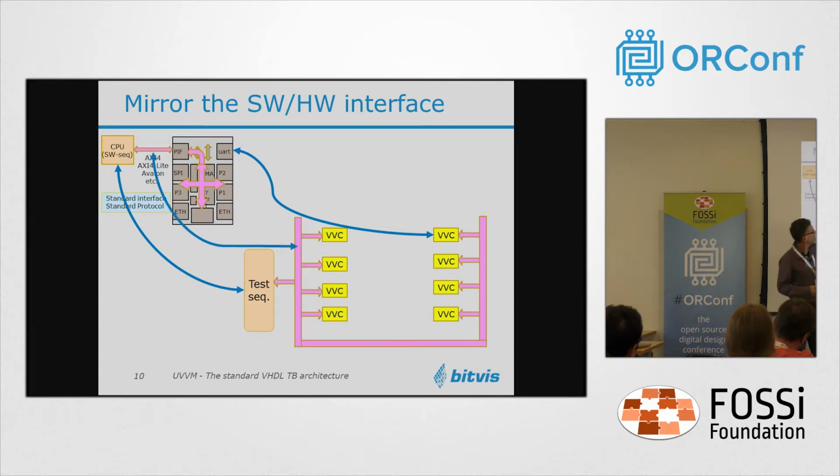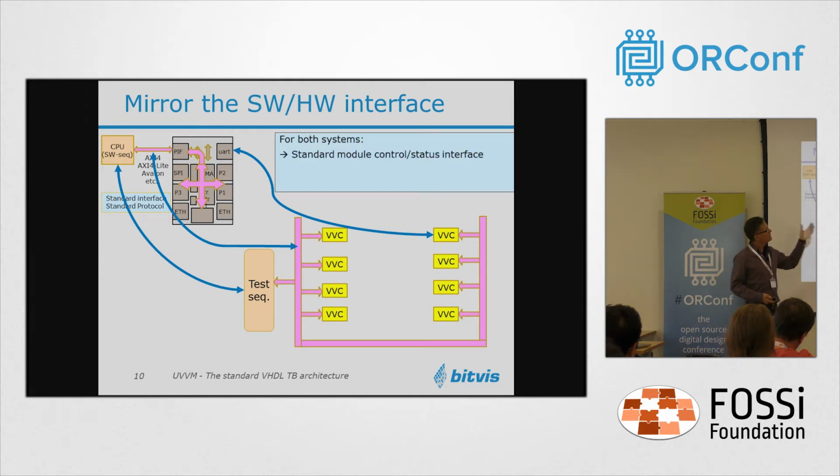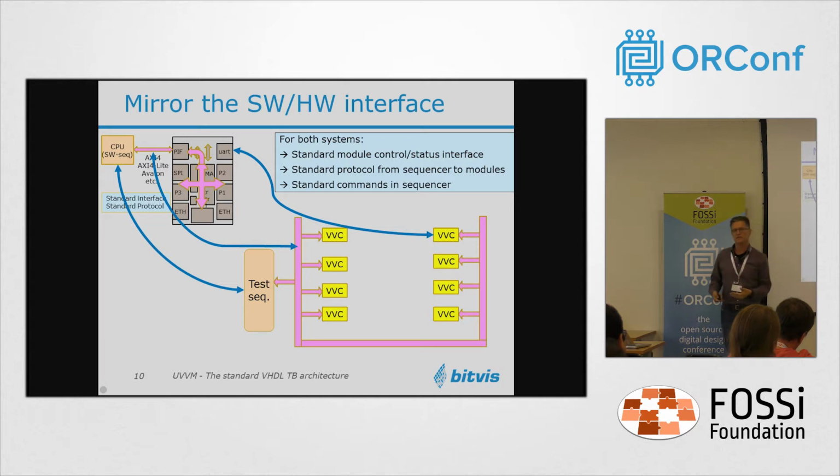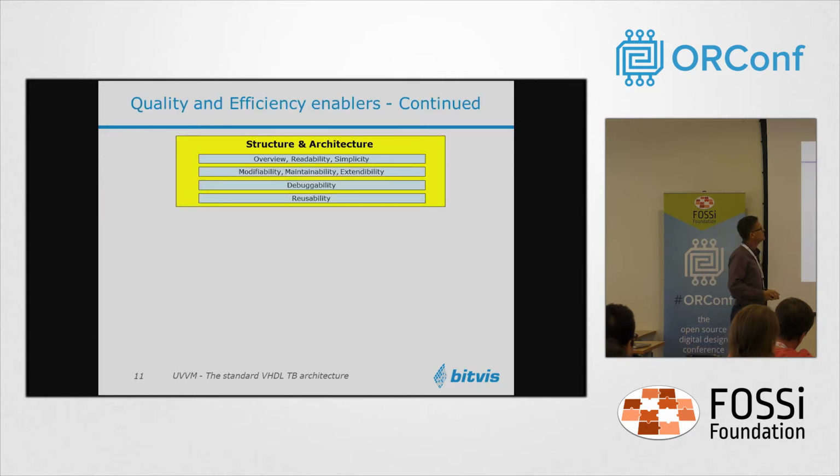And the bus system here is mirroring the AXI, Avalon, Wishbone, whatever. Right. So for both systems, we have a standard module control and status interface, and a standard protocol from the sequencer to the modules, and the standard commands in the sequencer. Of course, I'll come back to how we're standardizing this, but that's basically what we want to achieve. And then we mirror the software system, which is a good system.